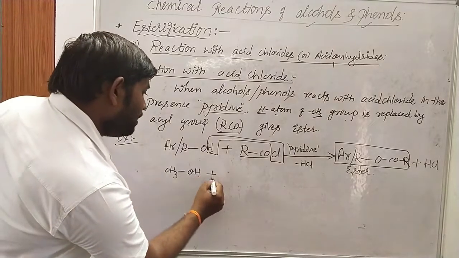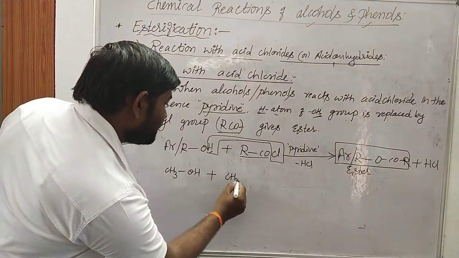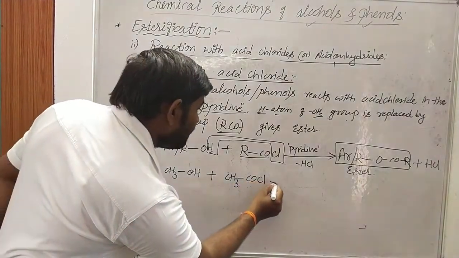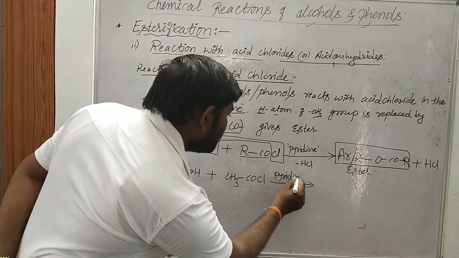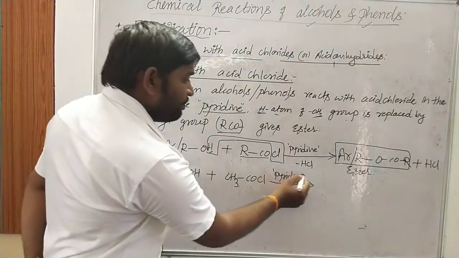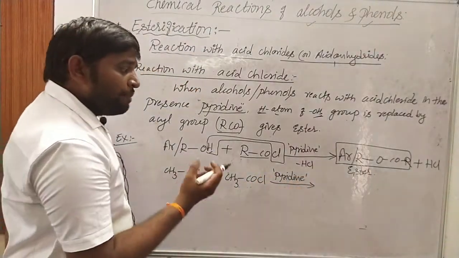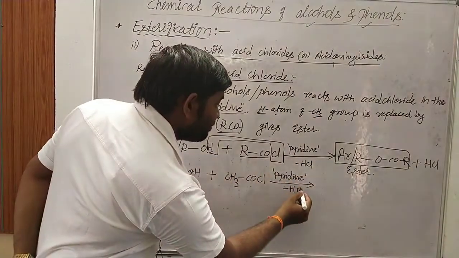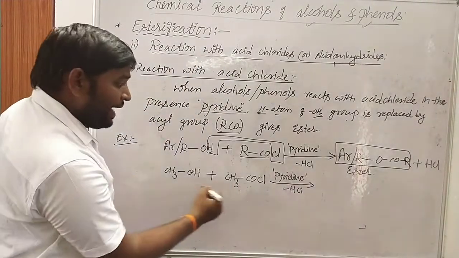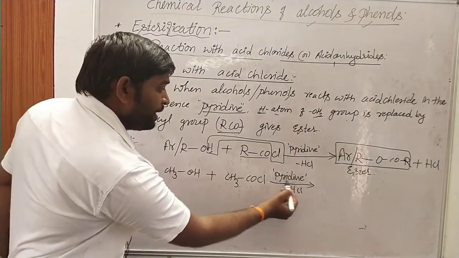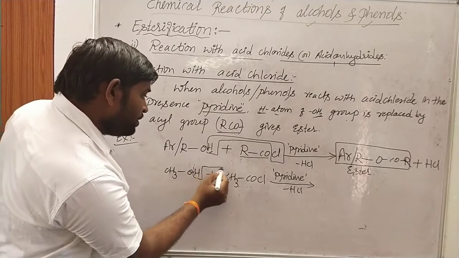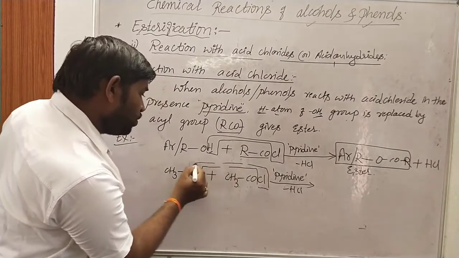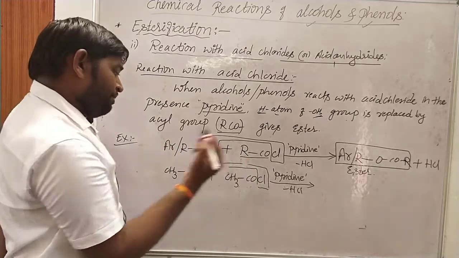When methanol reacts with acetyl chloride in the presence of pyridine, which is a chemical substance with the tendency to absorb HCl gas present between the two reactants, it completely absorbs hydrogen and chlorine, and hydrochloric acid is eliminated.